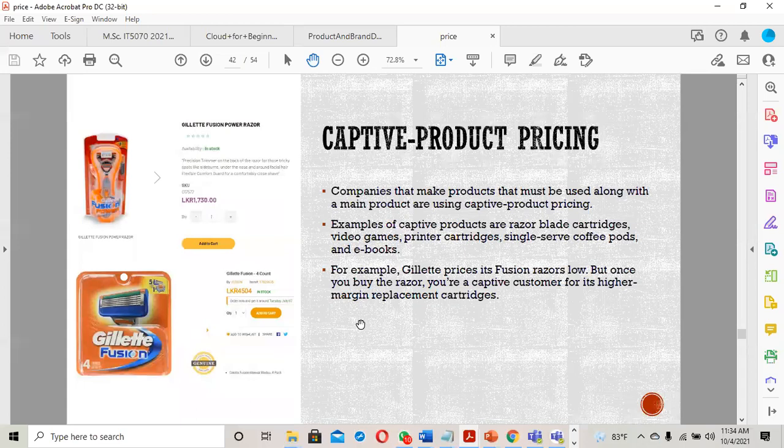They're going to divide the product into a couple of parts, but to perform the function, you're going to need all the parts. Gillette prices Fusion razors low, but once you buy the razor, you're a captive customer. You're a captive customer, right? They got you, okay? They got you, and now you have to pay for this one.